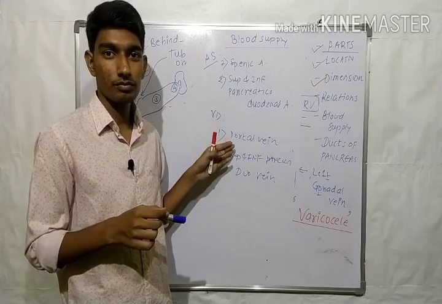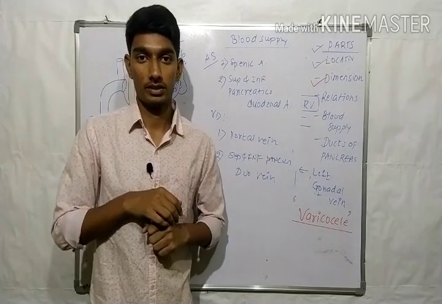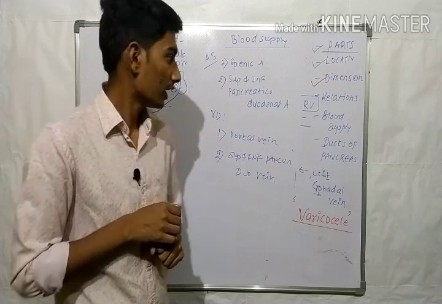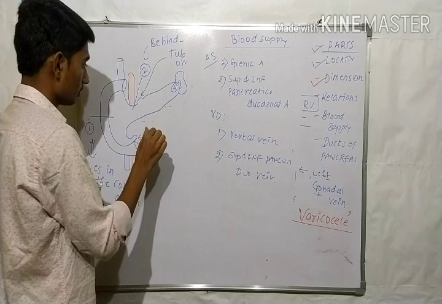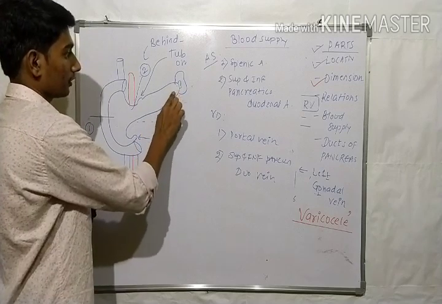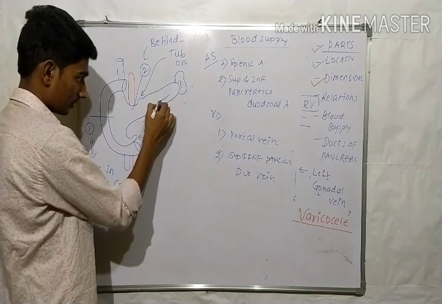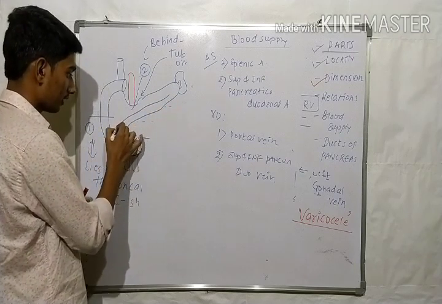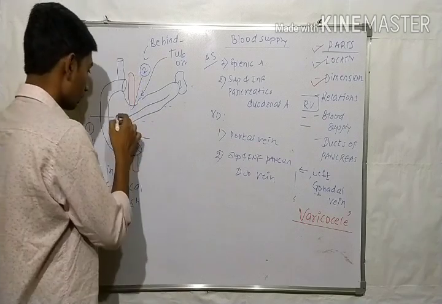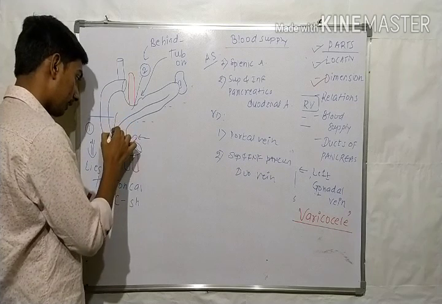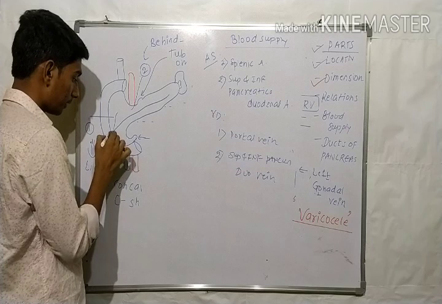It is very easy. Okay, now we will discuss the ducts of the pancreas. I will show you the duct of the pancreas here. This is the main pancreatic duct. As we know, this pancreatic duct joins with the common bile duct and opens near the major duodenal papilla.